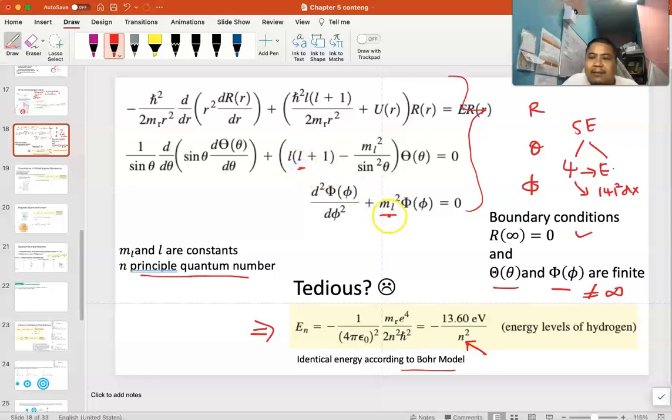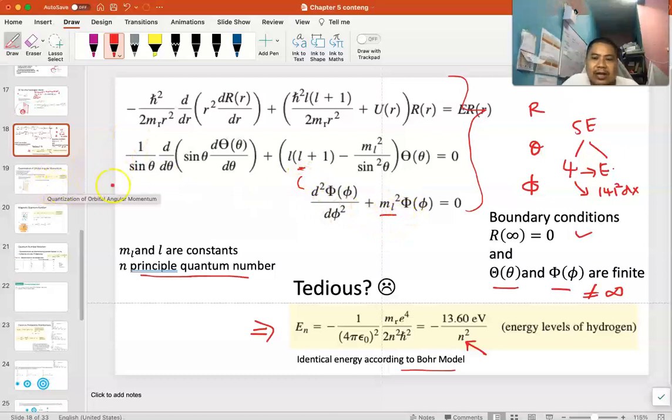Based on the mathematical analysis, these two variables arise naturally, and they are called the angular momentum number and the magnetic quantum number. We will look at this later, l and ml, what they are.